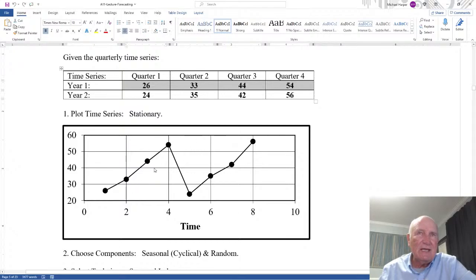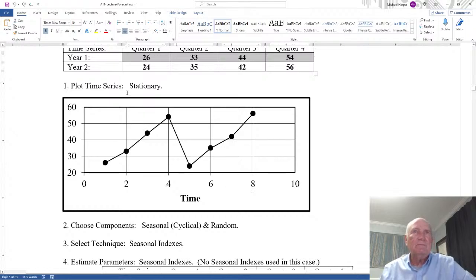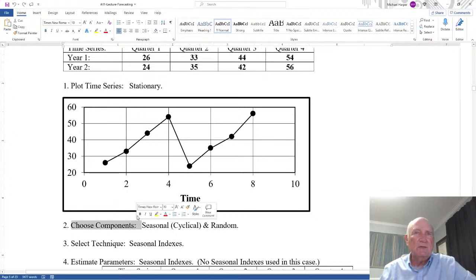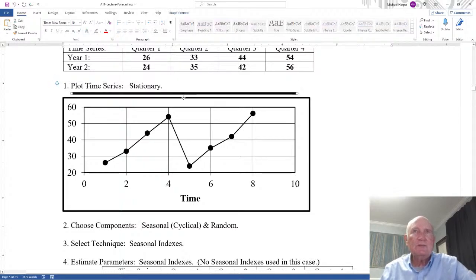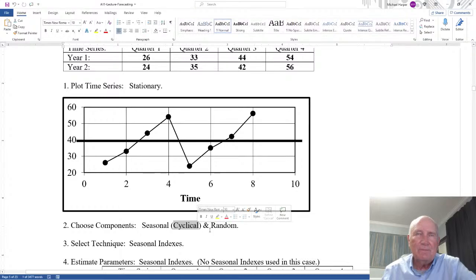So when you have the same pattern that repeats, and it repeats, well, the overall time series is stationary. What's causing variability? What are the components? Well, again, the component is around some stationary mean. Well, when you have a pattern that repeats, and here I have a pattern that repeats, that's called a cyclical component.